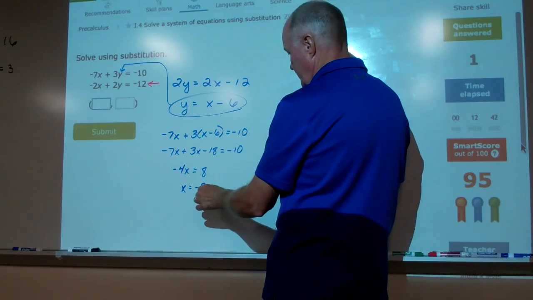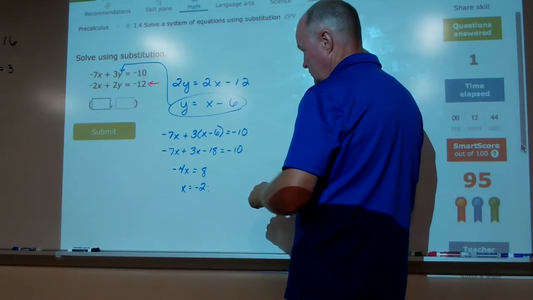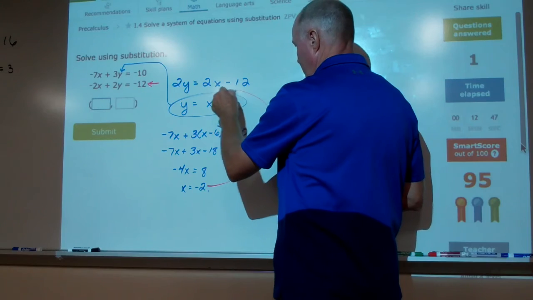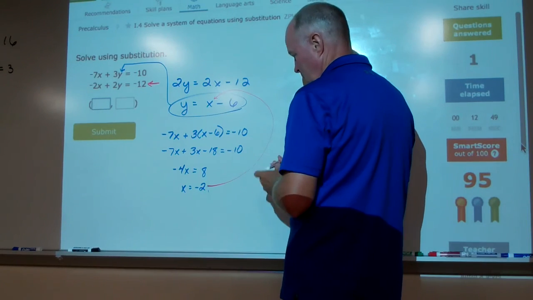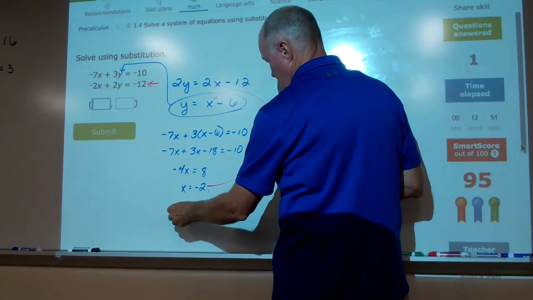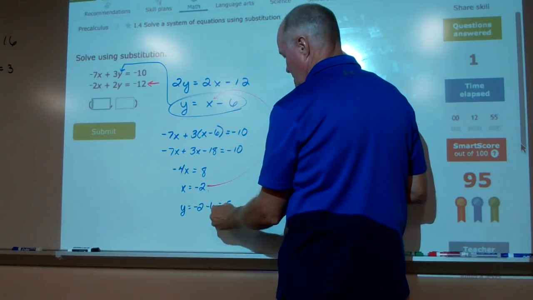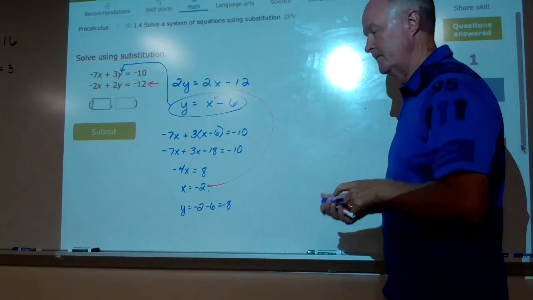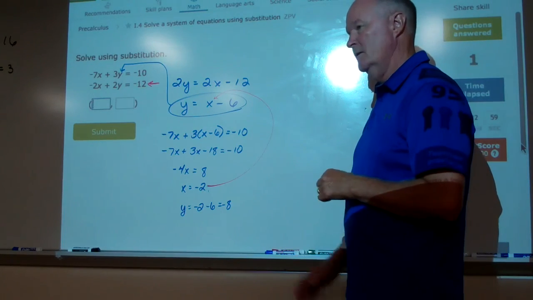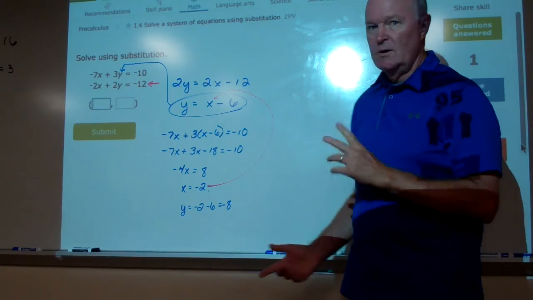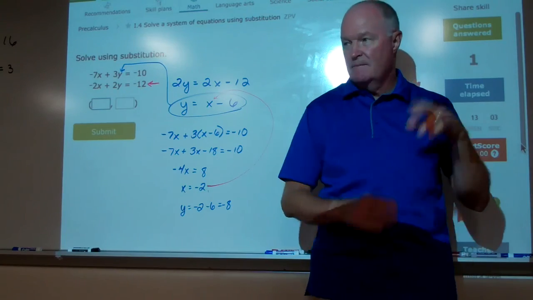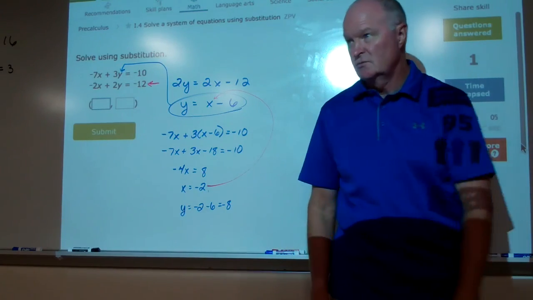I got x to be negative 2. That's going to go back right there. Work on those for a little bit, and then we'll talk about method number two, the elimination method.